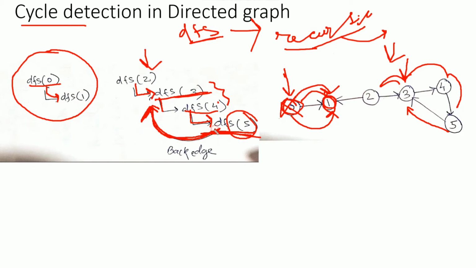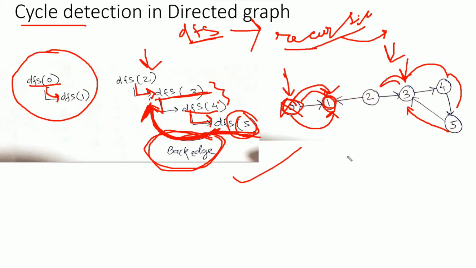Now from DFS 5 there is a back edge, we can reach its ancestor. If from any vertex we can reach its ancestor vertex, then there is a back edge, and if there is a back edge, it means there is a cycle in that graph. So this is all about the problem.